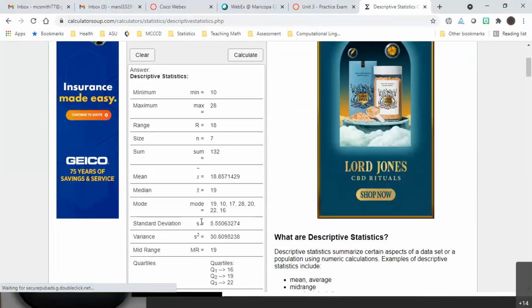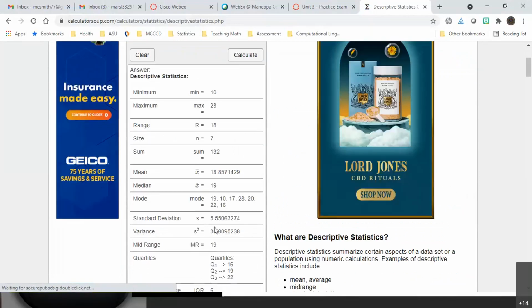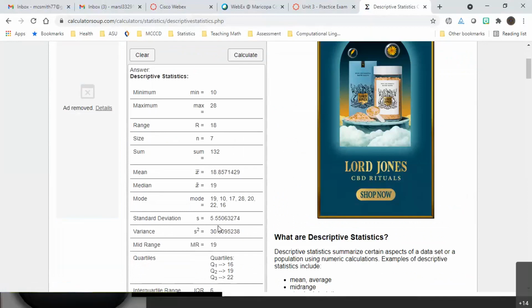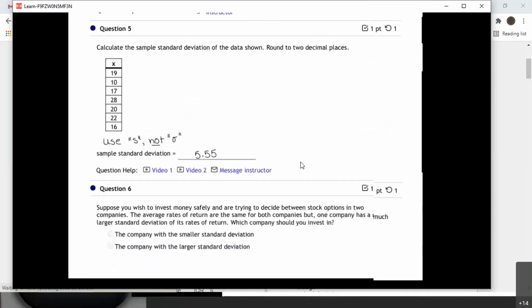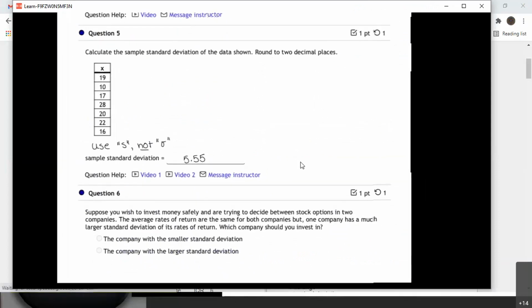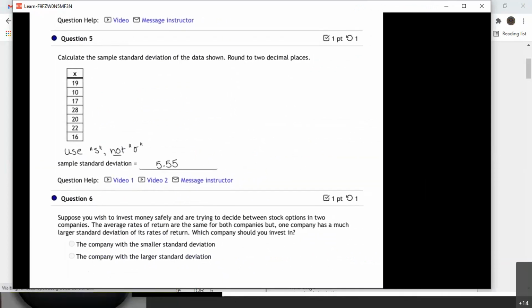And I go down here and I'm getting S, the sample standard deviation, is 5.55. It's telling me S because I clicked sample. Everybody all right with that one? So sample standard deviation, it says round to 2 decimal places. Please, please pay attention to the rounding directions. Everybody good with that?